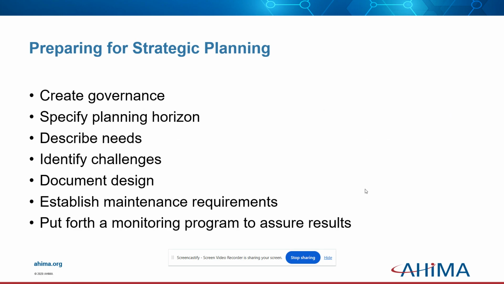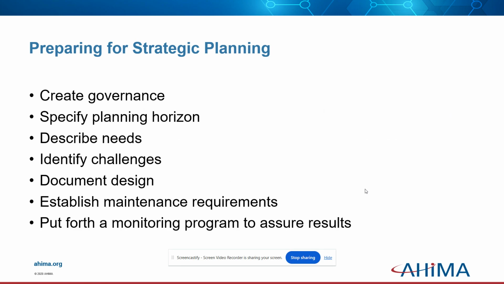As we prepare for strategic planning, we need to think about what governance structure is in place. What are the needs ultimately that we desire? What about the challenges? What about requirements? And ultimately, we have needs, we know what they are.